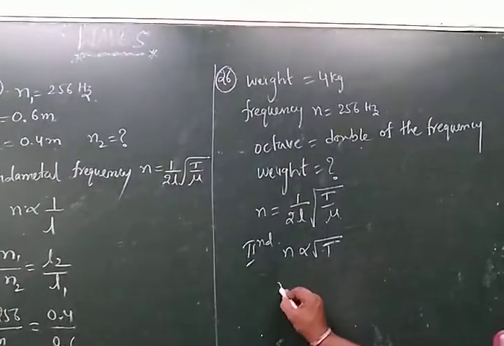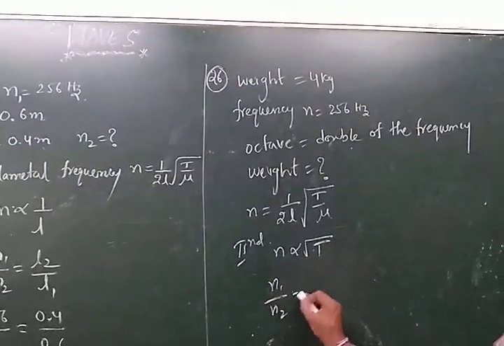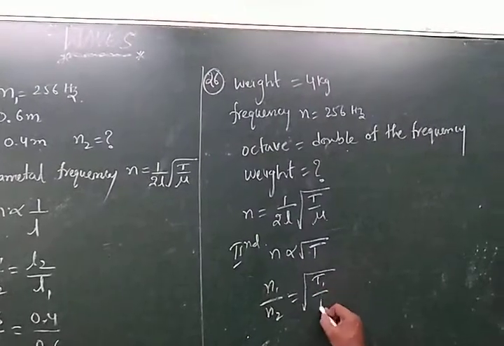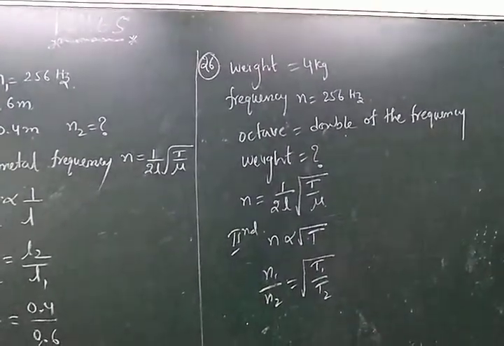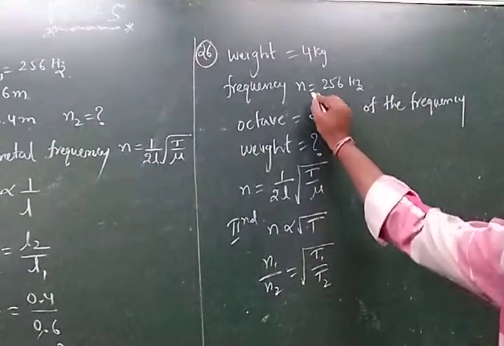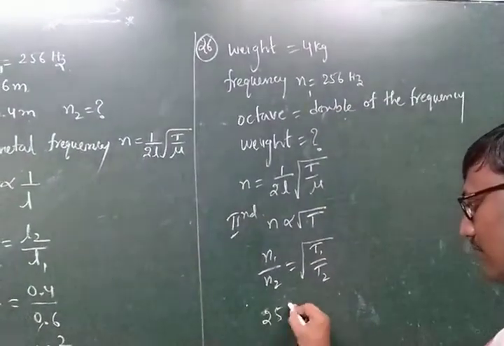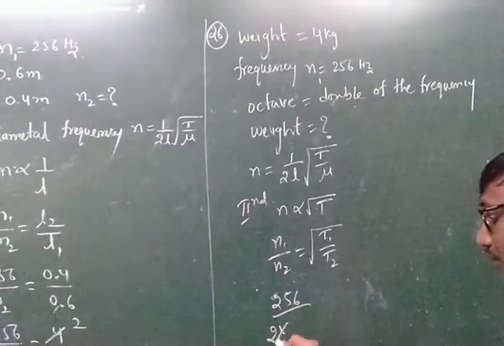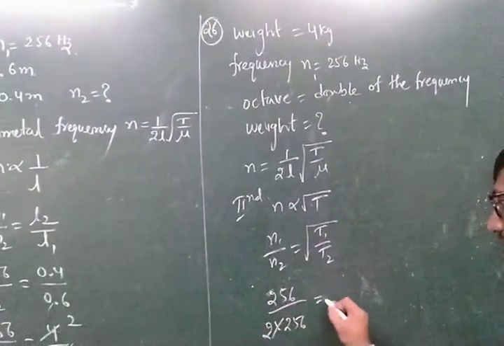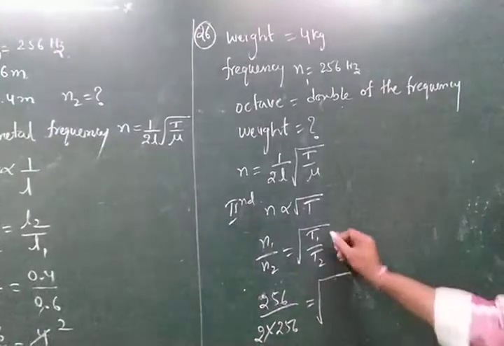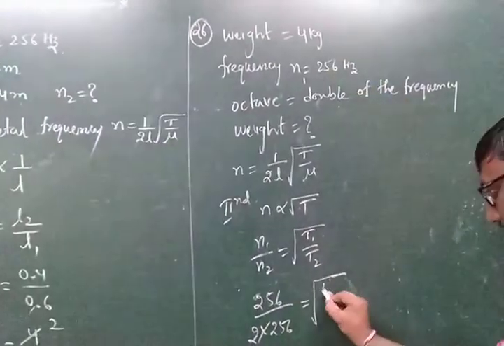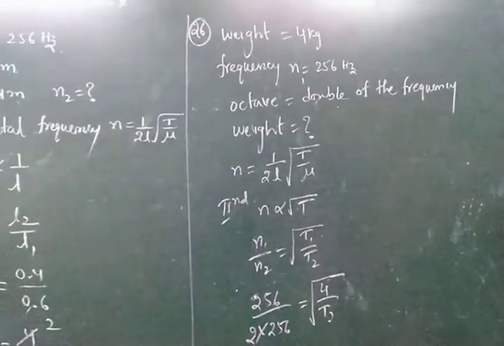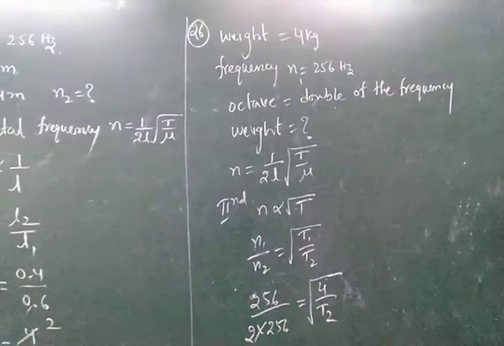Taking the ratio, N1 by N2 is equal to root of T1 by T2. N1 is 256, by N2, double of the frequency, 2 into 256, is equal to under root of T1, which is 4, by T2. Then we find T2.